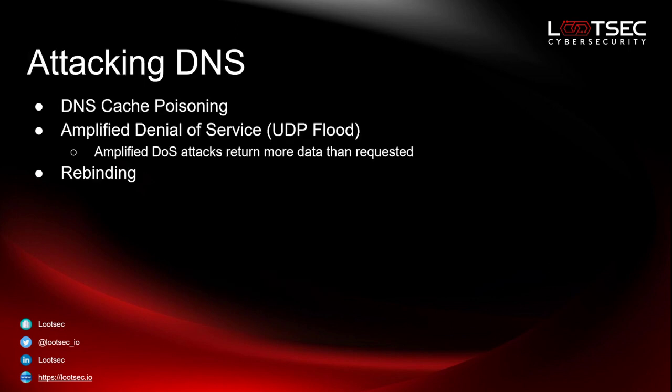So there's a few different attacks that you can do on DNS. DNS cache poisoning is kind of an old attack now. It's not something that you can really do nowadays. But that was basically where you would poison the cache of the DNS, because for every domain that you request, for example, if you're requesting google.com, you will go out to your DNS server, and it will go, hey, I don't know the IP of this, so go check it from another server.